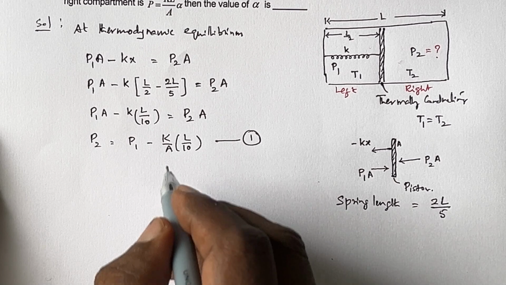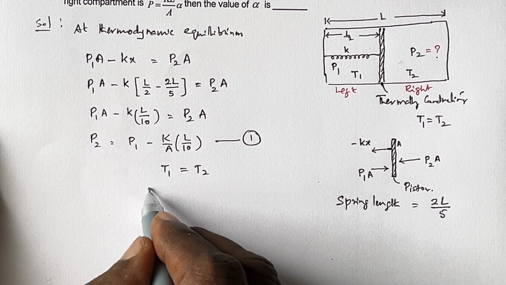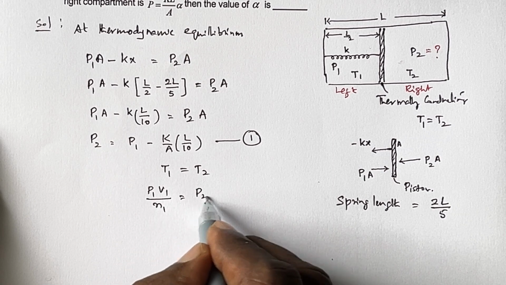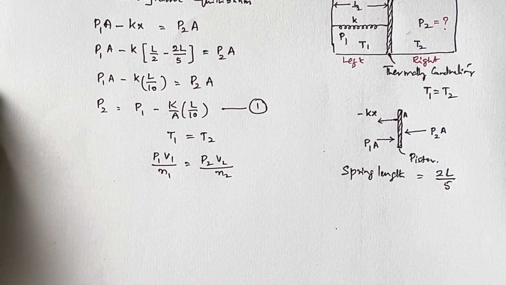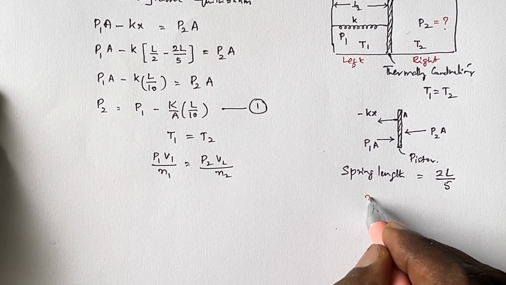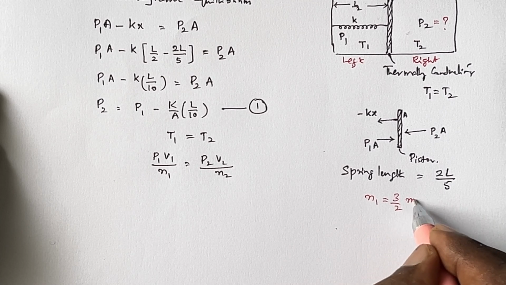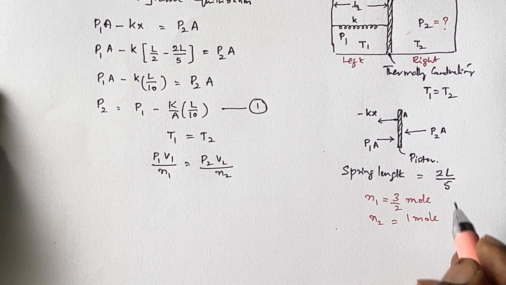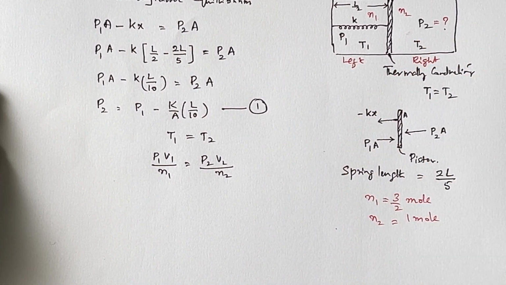That condition I will use here: T1 is equal to T2, then P1V1/N1 is equal to P2V2/N2. Here N1 is given as 3/2 mole and N2 is given as 1 mole.